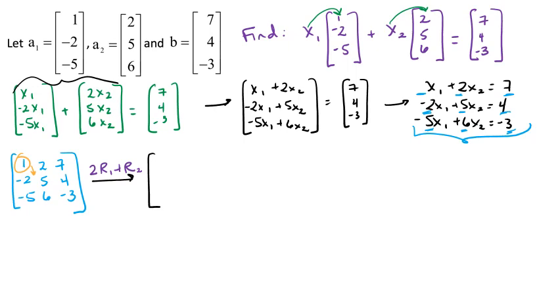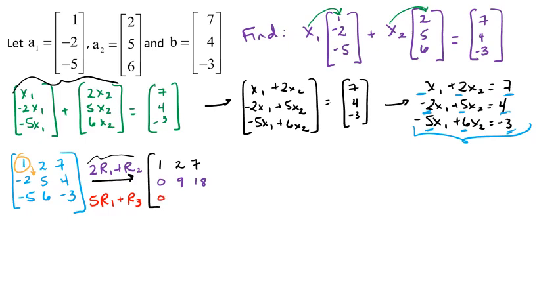I'm going to keep row 1 as is, but now with this operation, my row 2 will become 0, 9, 18. I'm going to do the same type of thing for row 3, but this time I'm going to take 5 times row 1 plus row 3, and this will become my new row 3.